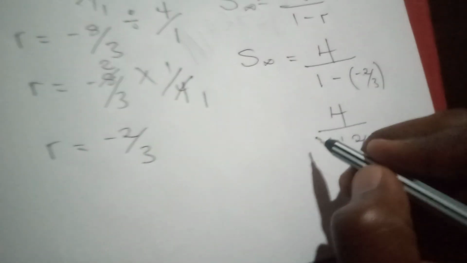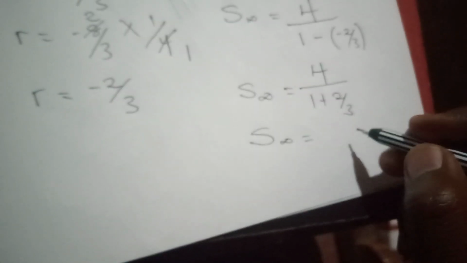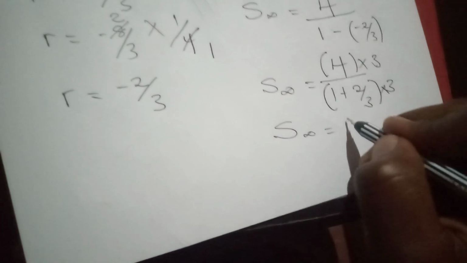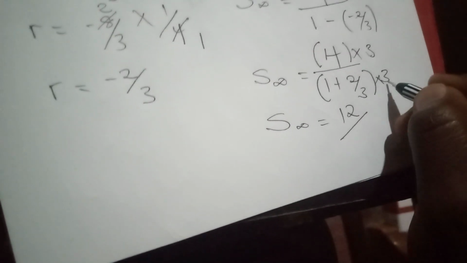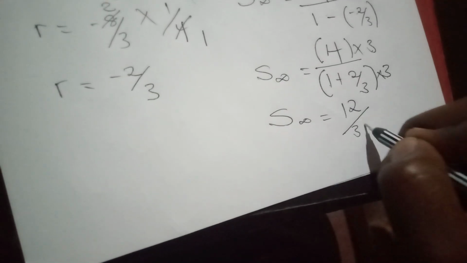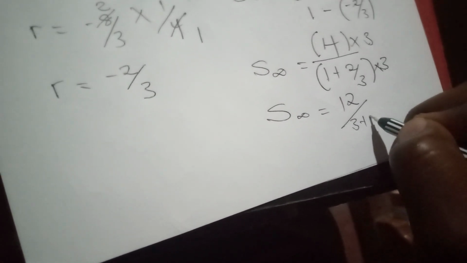So what I'm going to do, that is sum to infinite. To kill this denominator, I'm going to multiply both the numerator and the denominator by 3. So 3 times 4, which is 12, over 3 times 1, which is 3, plus 2, that is 5.